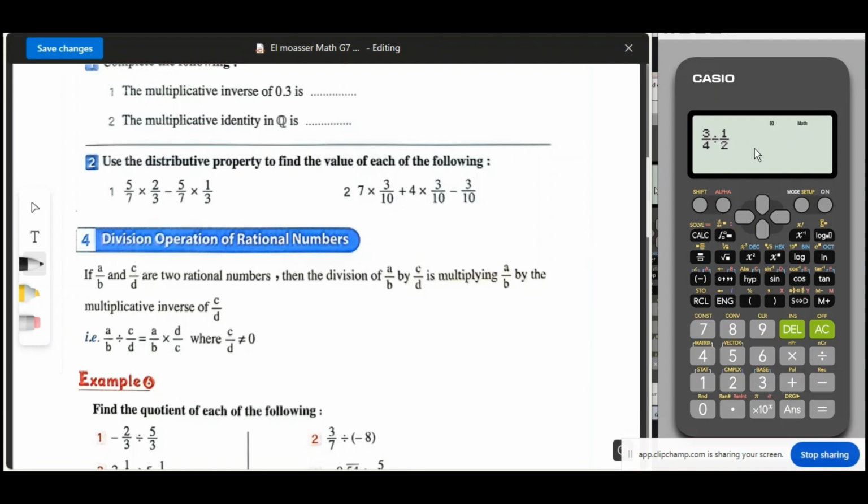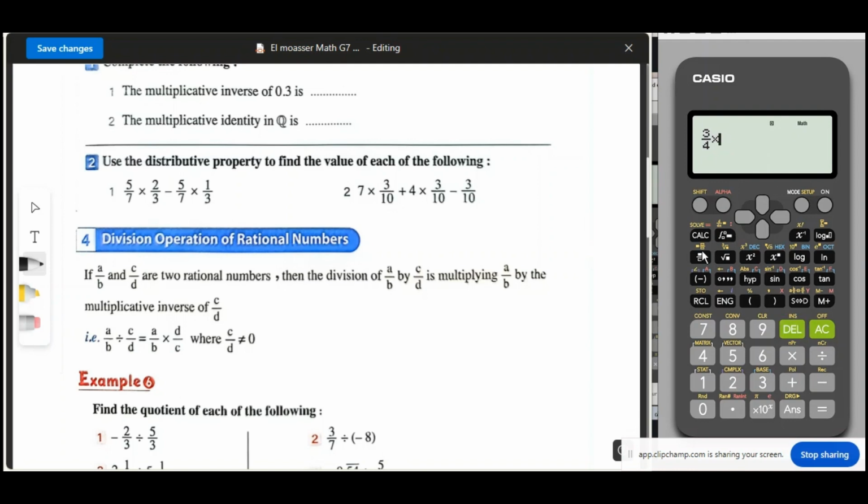But let me show you a very interesting thing. To do it, just switch it to multiplication. And my dear friend, don't forget to take the multiplicative inverse of 1 over 2. So 1 over 2, the inverse will be 2 over 1.